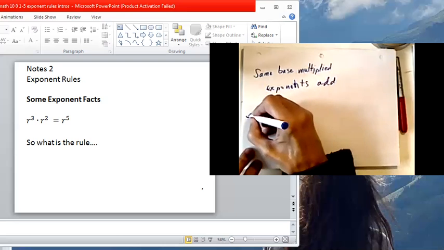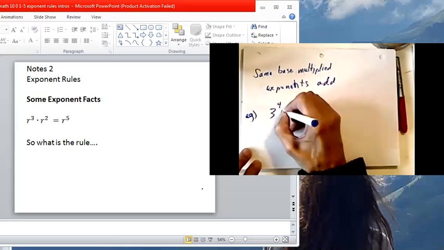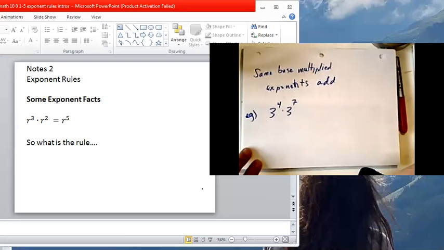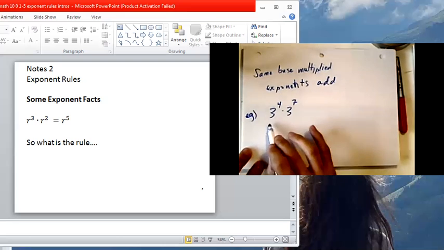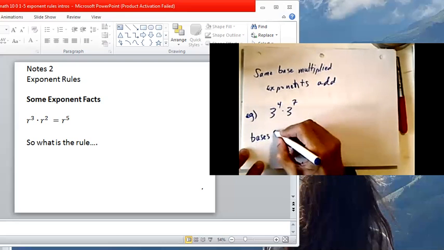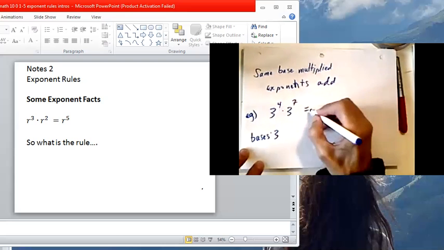So check this out. Let's say you have 3 to the 4 times 3 to the 7. Bases are both 3, so that's okay. They're the same. And so we add the exponents together.